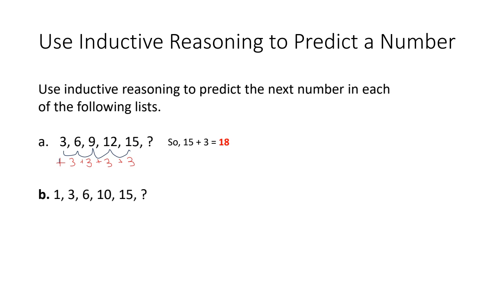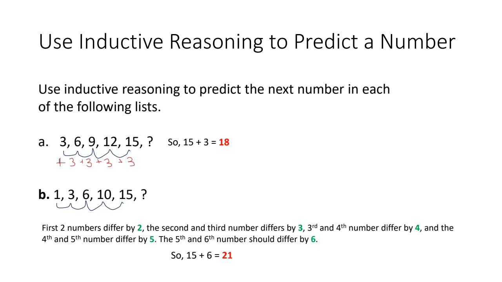By looking at these specific examples, you can conclude that there's a difference of 3, so the next one is found by adding 3. If somebody were to ask what the next number on the list would be, according to the pattern, that would be 15 plus 3, which is 18. So inductive reasoning is used here to find the next one.